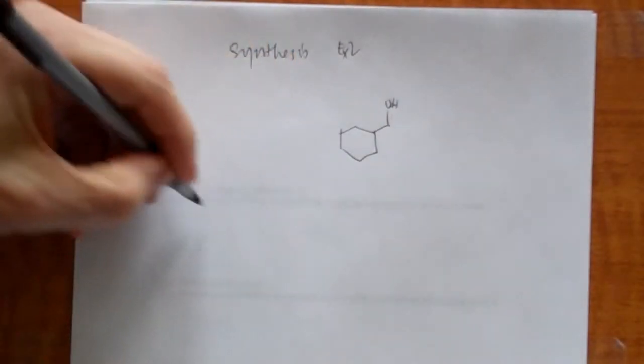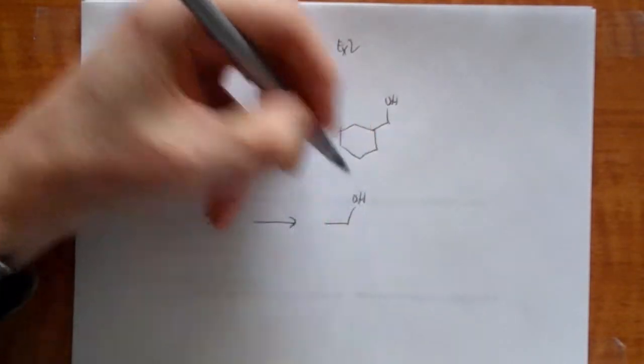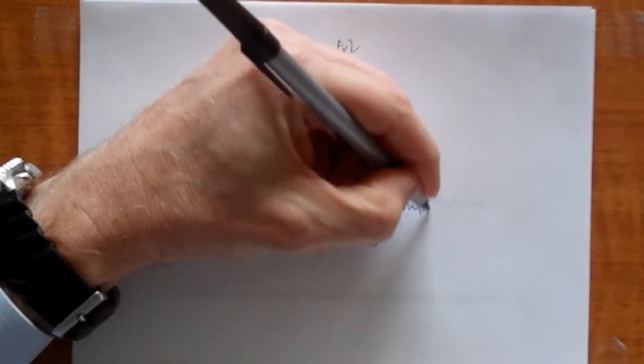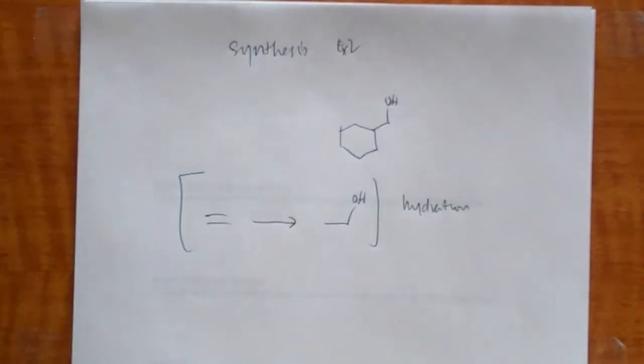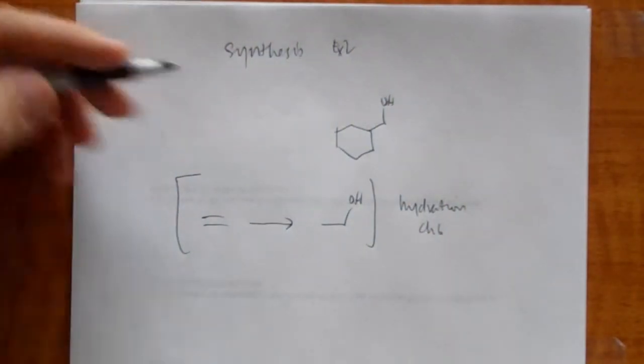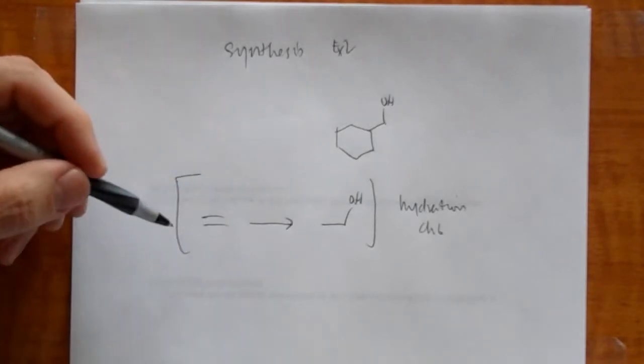All right, well, we know how we can make this, right? We had that reaction in our head. This was called hydration. I don't remember where it is in the book, but it's somewhere in chapter 6. Okay, we had two ways to make that. Oh, I'm sorry, we have two reactions here.